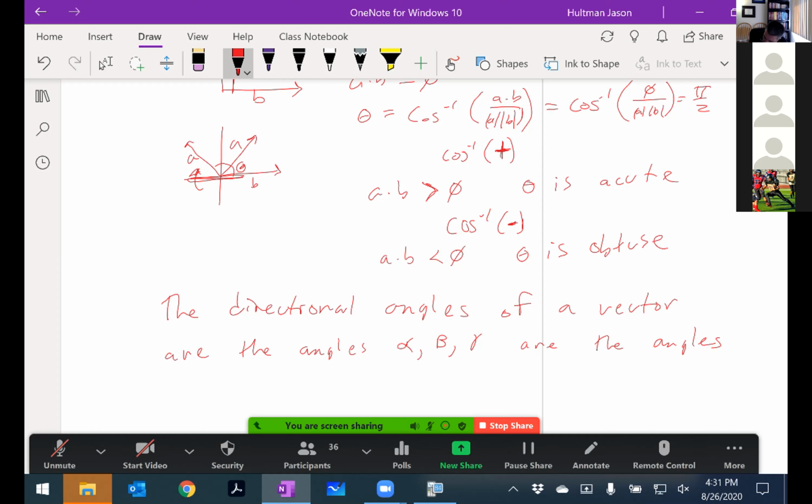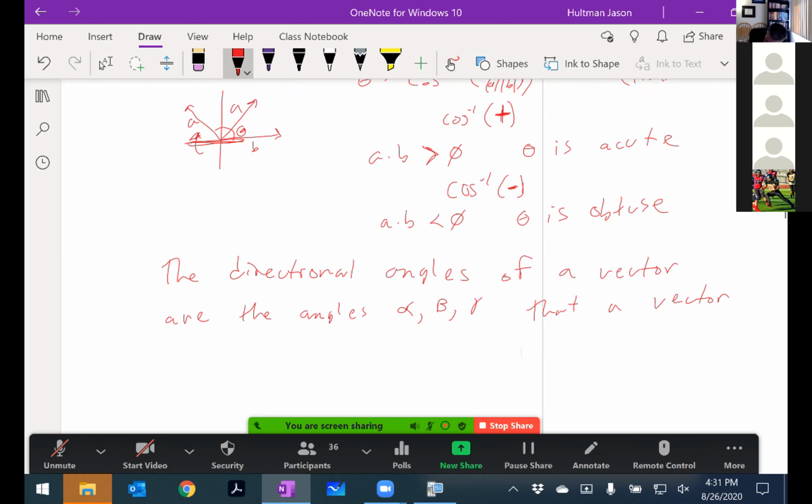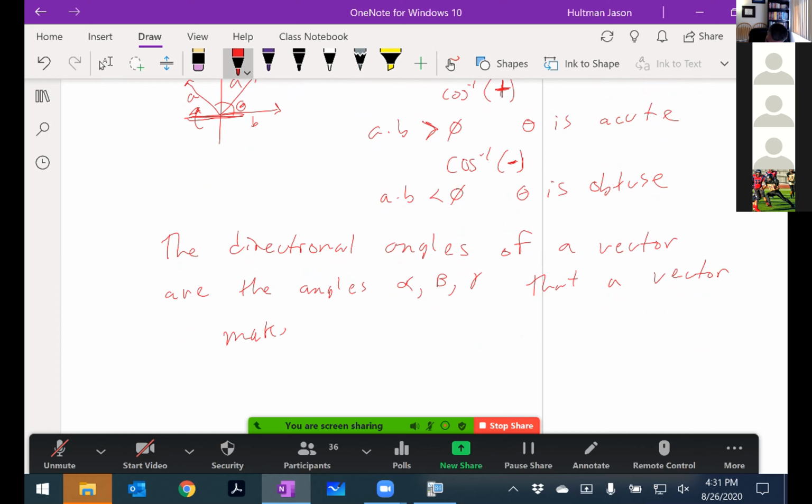The directional angles of a vector are the angles alpha, beta, gamma that a vector makes with the positive x, y, and z axes.